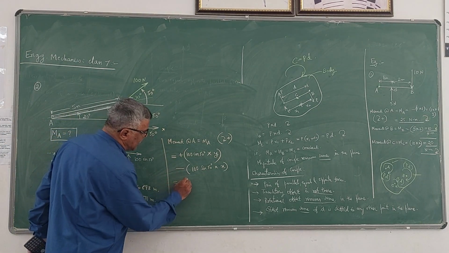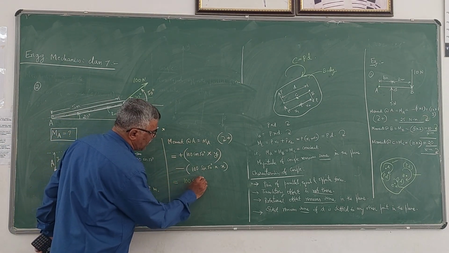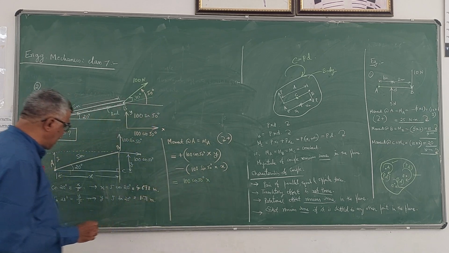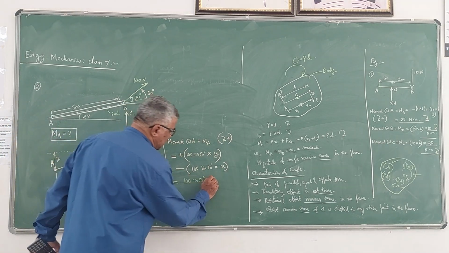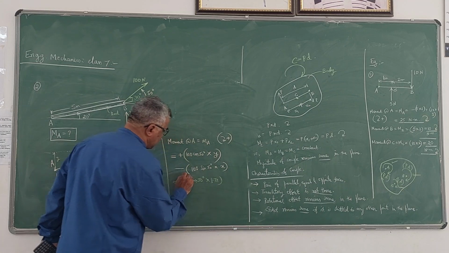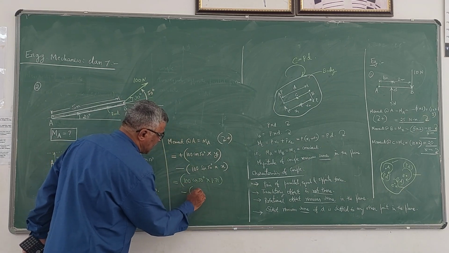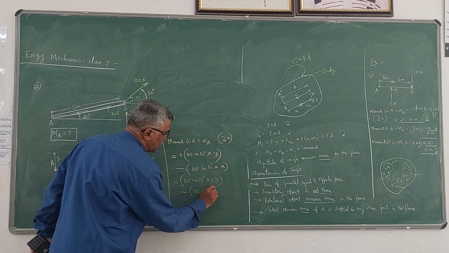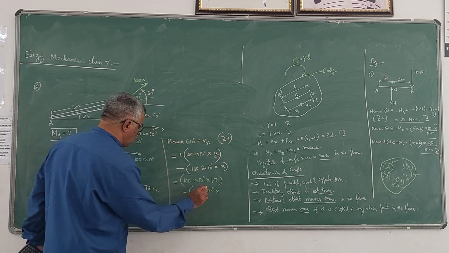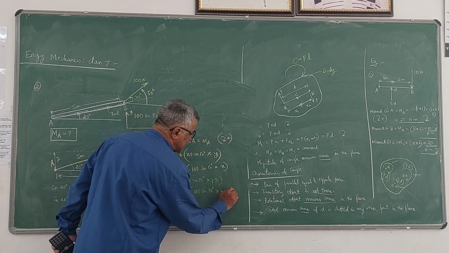So it is 100 cos 50 multiplied by y value 1.71, minus 100 sin 50 multiplied by x value 4.698.